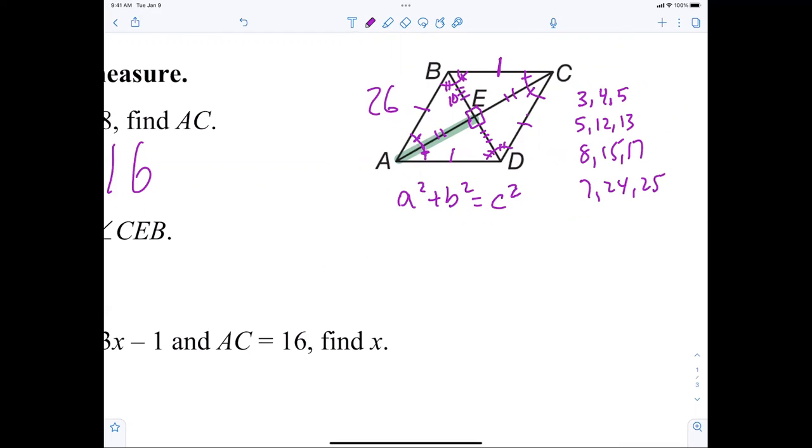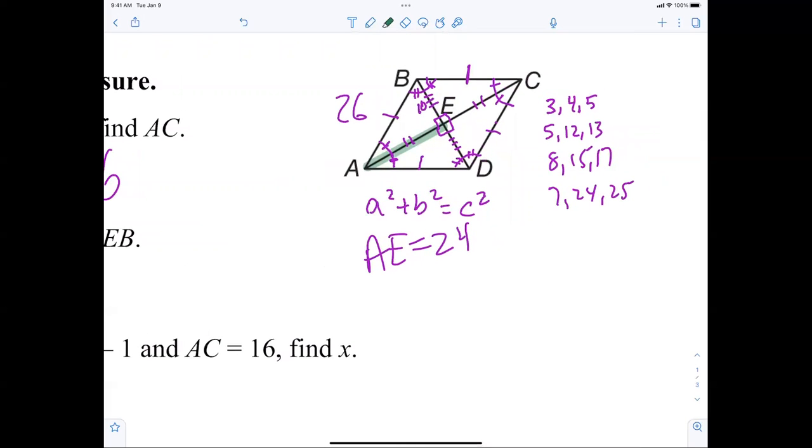So if I ask what AE is, how did I know that it was 24 without doing any work? Someone tell me how I know AE equals 24. Take a look at my numbers here, 26 and 10. It's a multiple of what?